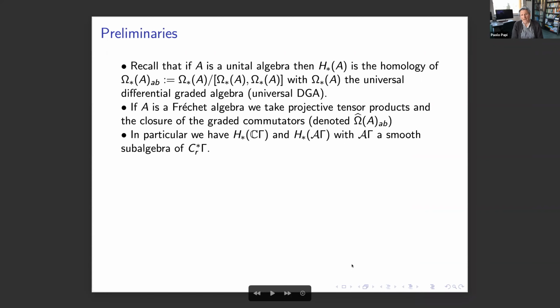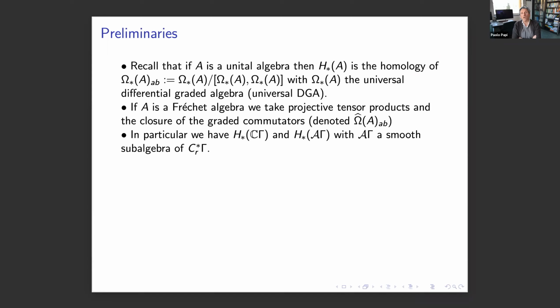So this abelianization of the universal differential graded algebra is a complex, and so you can define the cohomology of that complex, and that is the non-commutative de Rham cohomology.